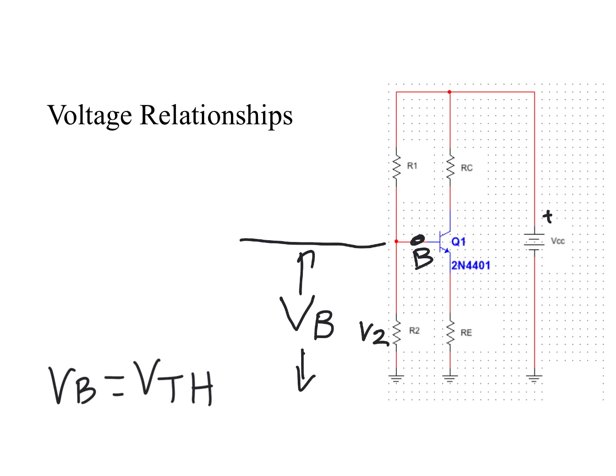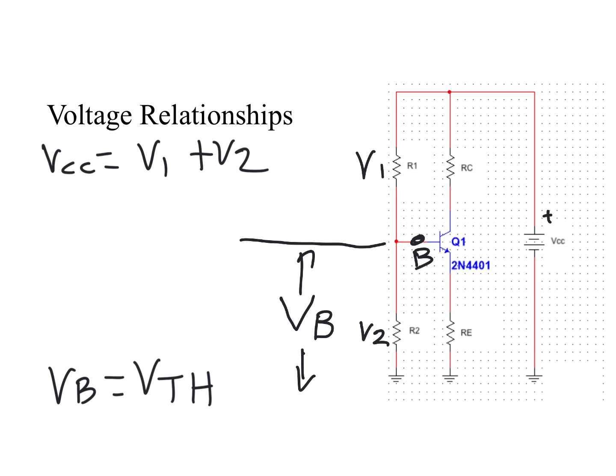We never care about it, so I'm just going to mention it this one time and then never again. Obviously, VCC is equal to the voltage V1 plus V2. But we never worry about the voltage across R1. The voltage across R2, the base voltage, is the critical one.